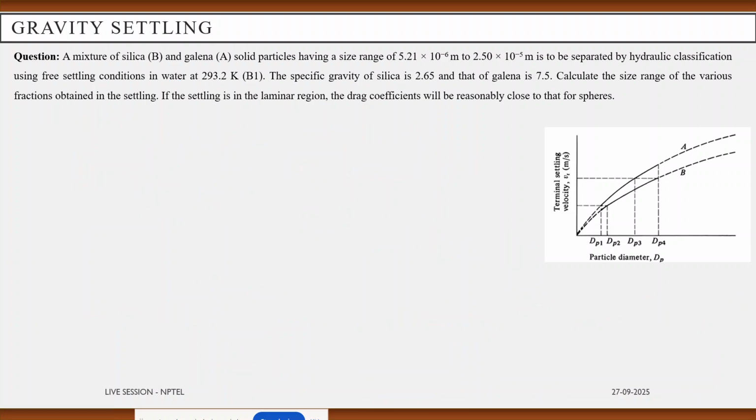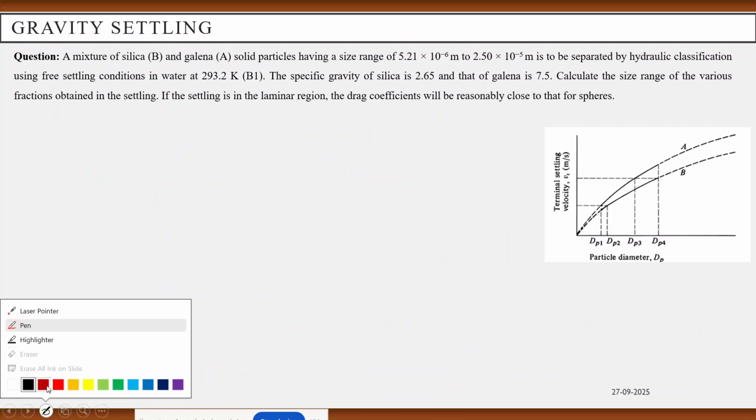So we have checked it and we will go forward with the calculation.